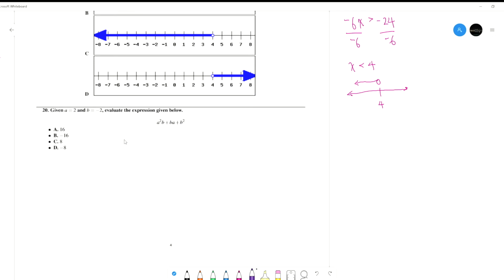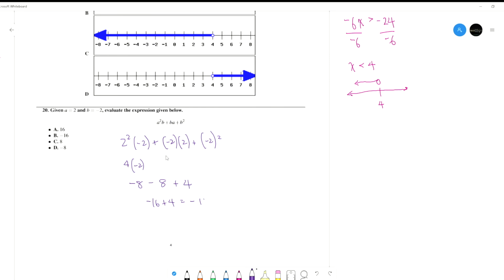We do simple substitution here, right? We got 2 squared times negative 2 plus negative 2 times 2 plus negative 2 squared. So this is 4 times negative 2, which is negative 8. Wait a second here.